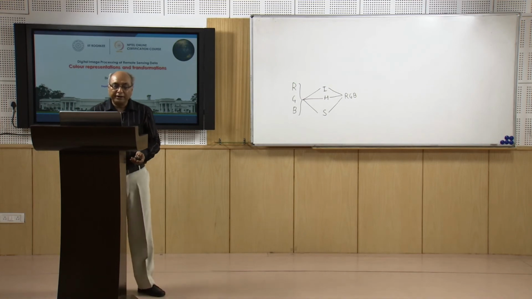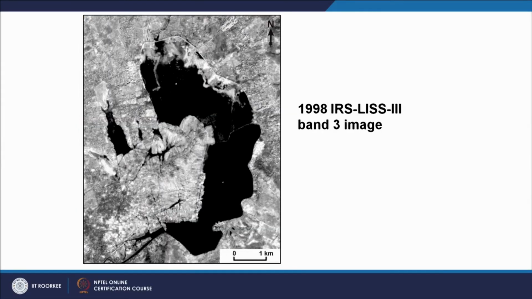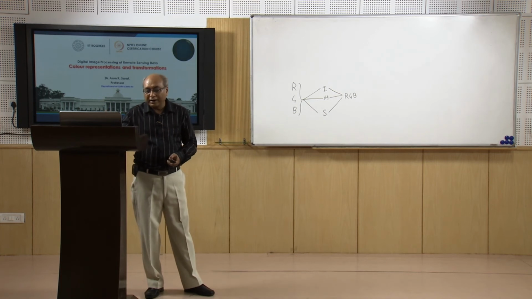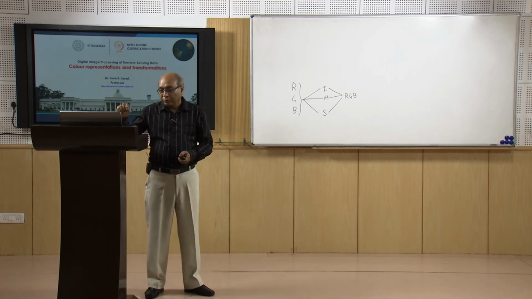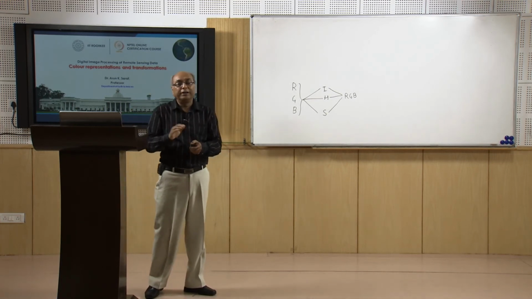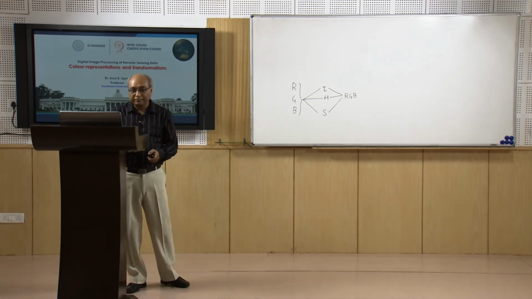So I handled that as a colored image, and we had relatively higher resolution data, LISS 3 band 3, because the target was to see the vegetation, and band 3 is the near infrared part of the EM spectrum for the LISS 3 sensor. The main purpose was to see the water body as well as vegetation, so band 3 was chosen here.